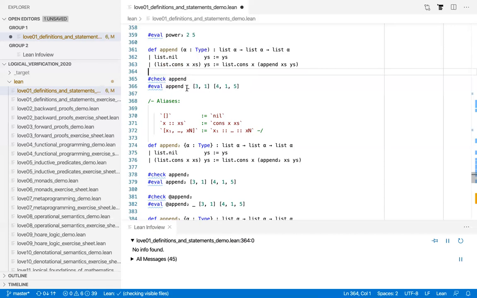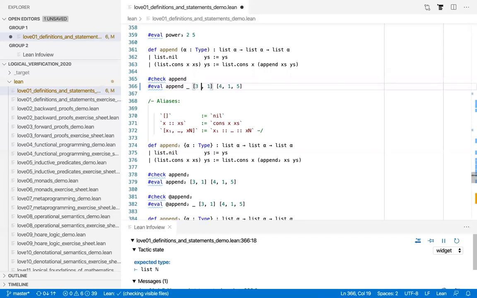And what is this underscore here? Well, this underscore is a bit boring. It's the alpha over there. So the very first argument of append is the alpha, the parameter. And then the second one is a list. The third one is a list. But I don't want to specify the alpha. I want Lean to infer it for me, just from the fact that this 3 here is probably a natural number, right?